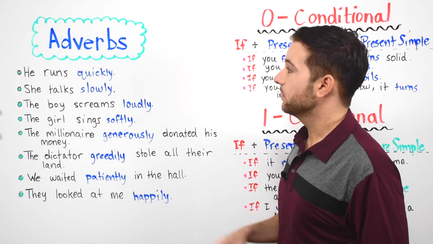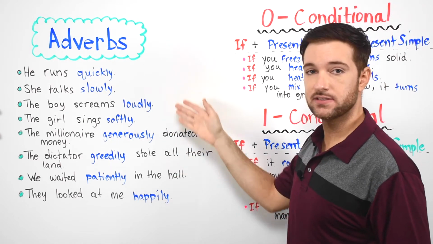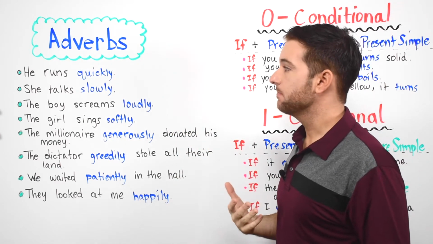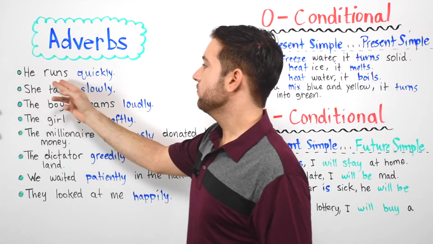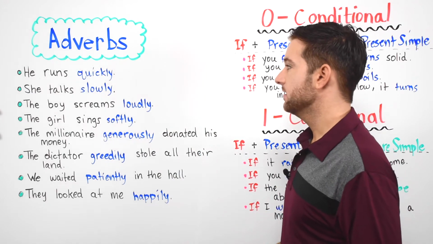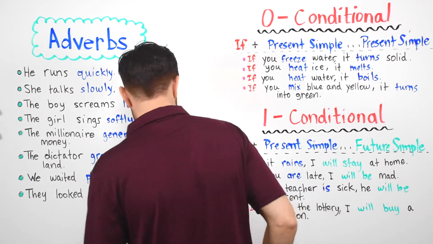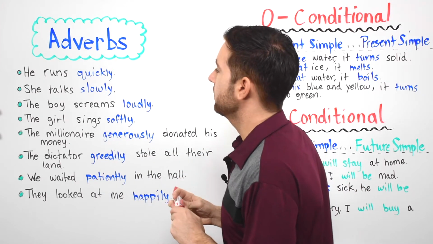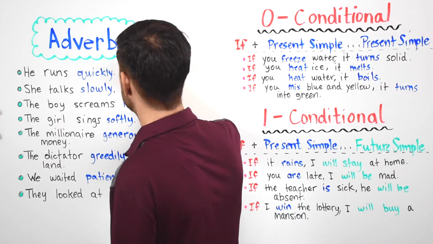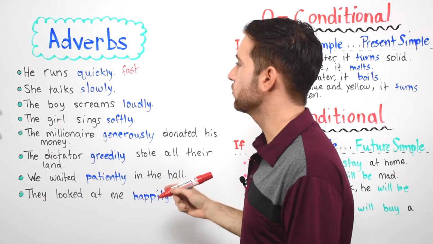We're going to now look at adverbs. Let's review some of these sentences and you'll see how we can use adverbs. Number 1, he runs quickly. As you remember in the previous lesson, quickly is synonymous with another word, which is fast. So you can say he runs fast, or he runs quickly.